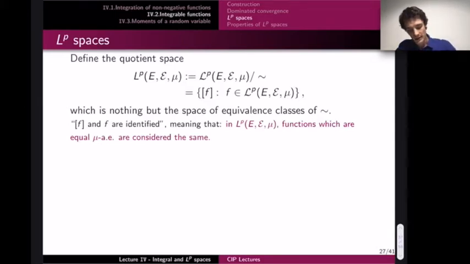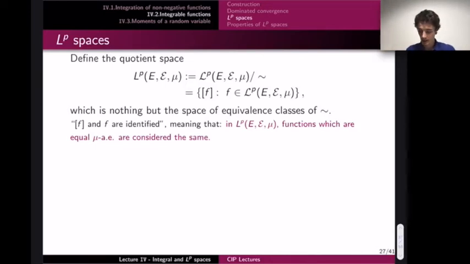For now, just to emphasize, we denote these with a bracket, but then we will remove the bracket. But bear in mind that these are equivalence classes and not actual functions. So in some sense, the bracket of f and f are identified, meaning that functions which are equal mu almost everywhere are considered the same.